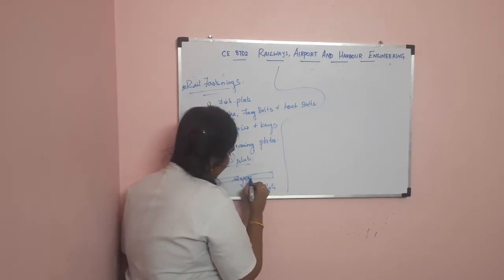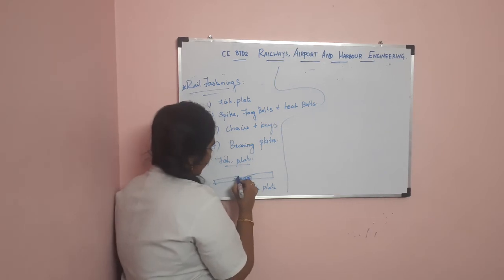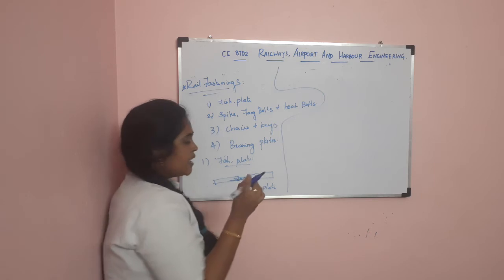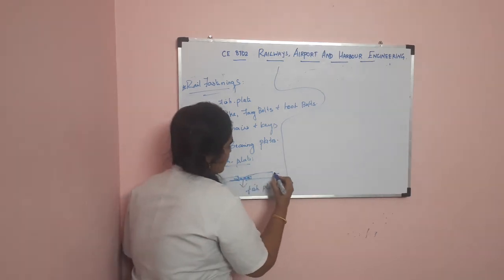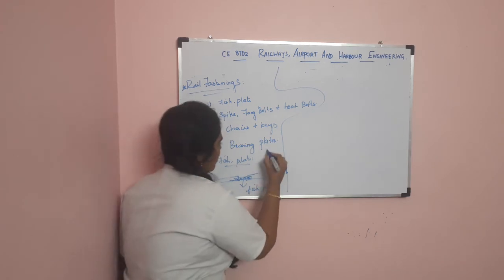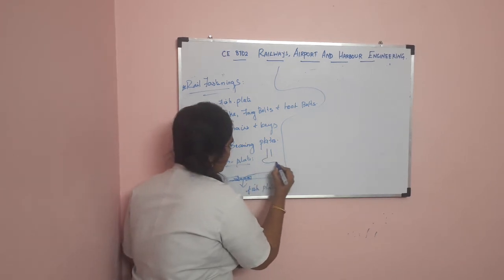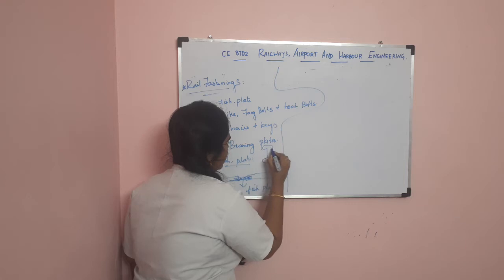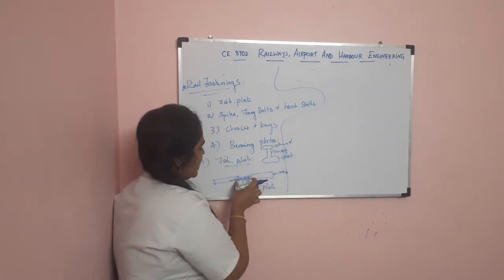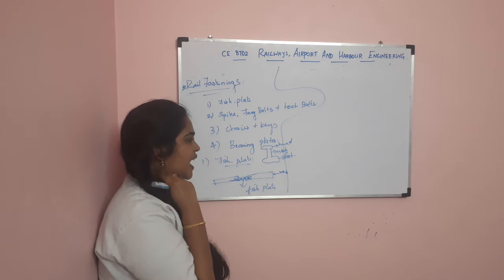This fish plate is connected in the web of the rail, not to the head of the rail. You all know what is head, what is foot, and what is web. This is head, this is web, and this is foot. So the fish plate is connected only to the web of the rail.